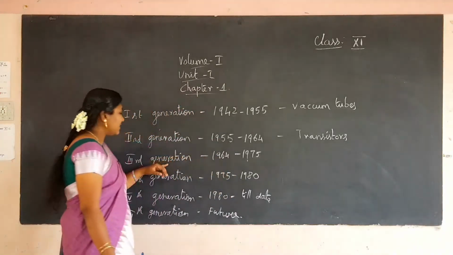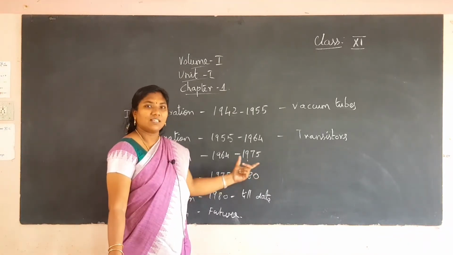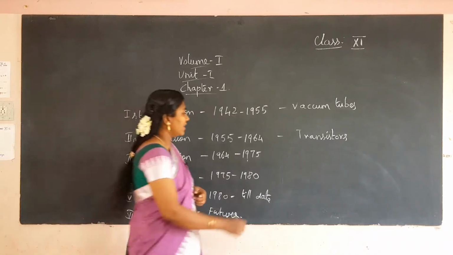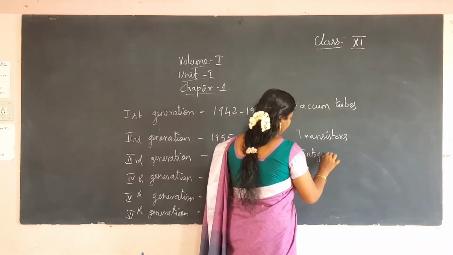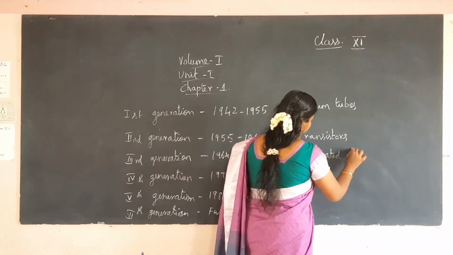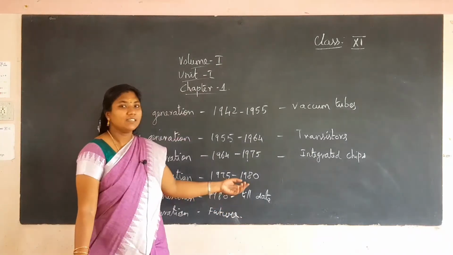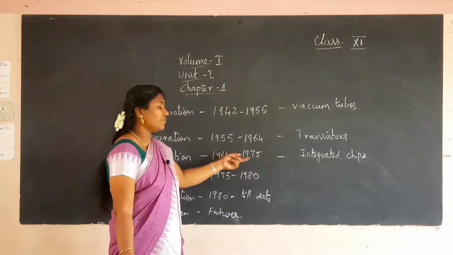Okay. Now, third generation, it was in the year 1964 to 1975. So, here they used integrated chips. IC chips we will say, no, that is the integrated chips concept used in the 3rd generation, 1964 to 1975.